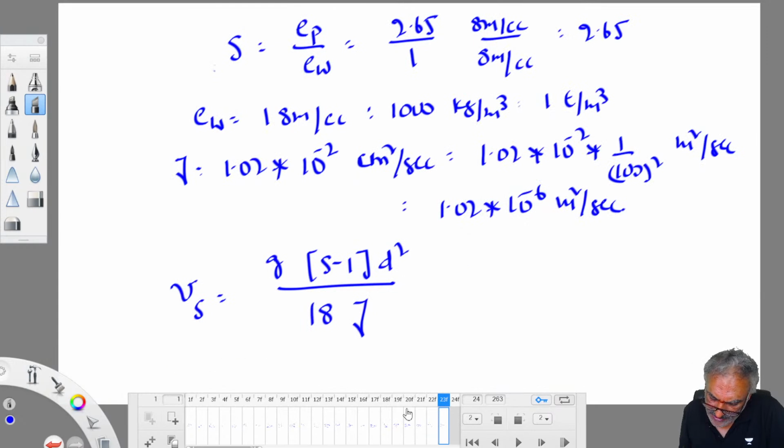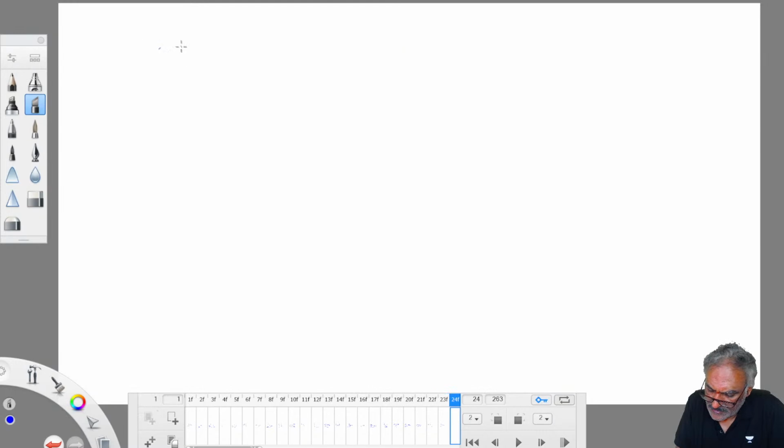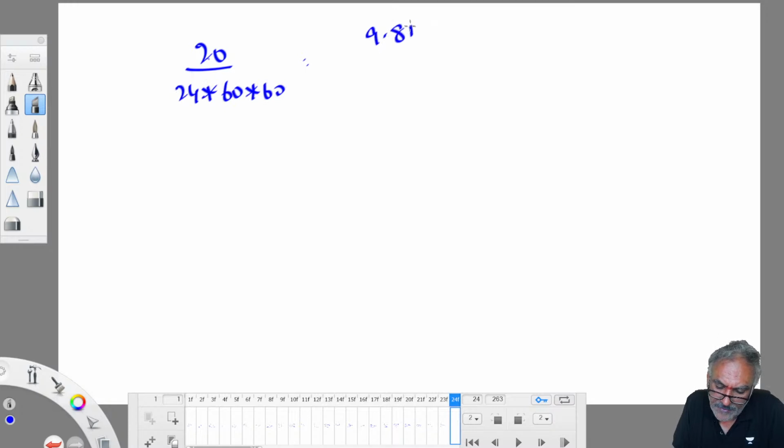So from this I can write settling velocity is given as 20 by 24 into 60 into 60 is equal to g 9.81, 2.65 minus 1, d is unknown.